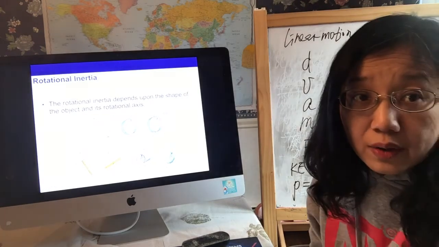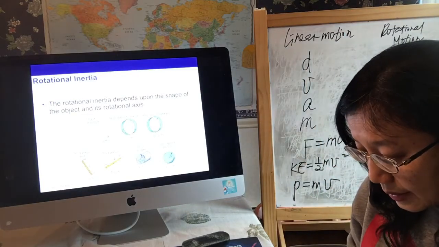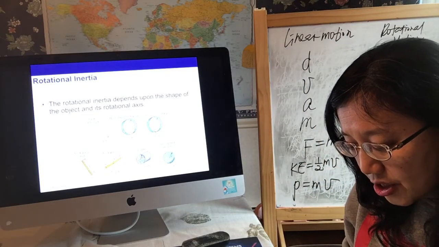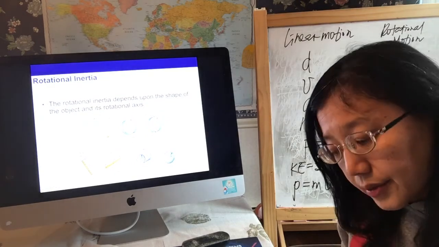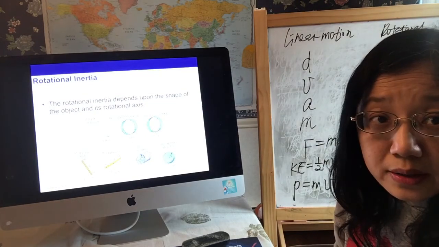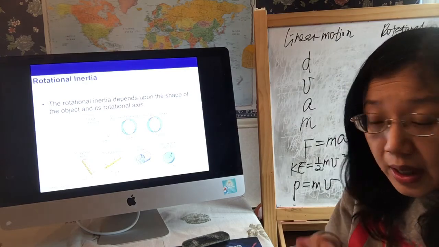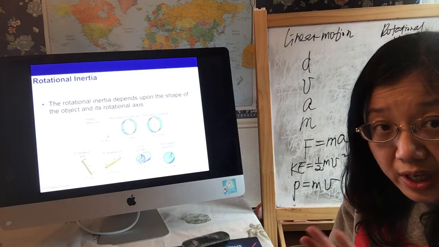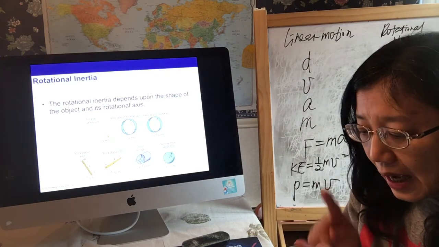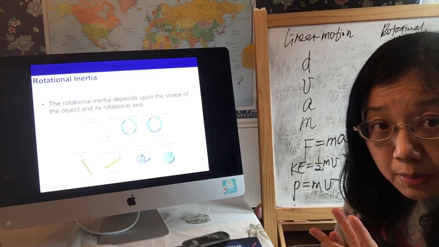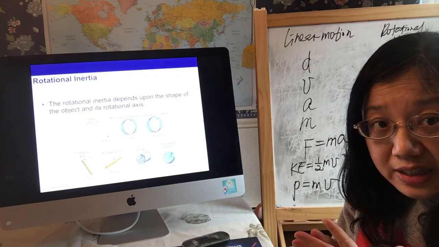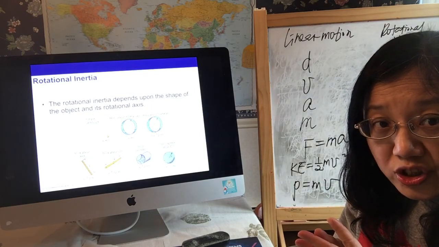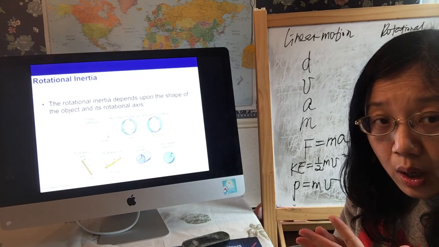So I wanted you to take a look at this checkpoint explanation on page 138, trying to understand how the rotational inertia depends on the mass, as well as the mass distribution, and how the rotational inertia relates to the change of the rotational motion.